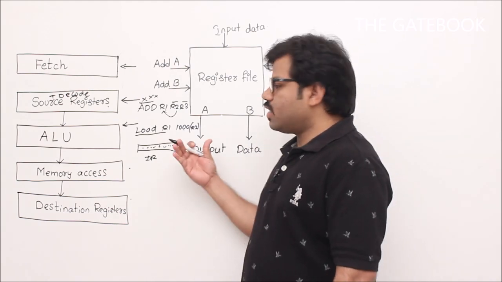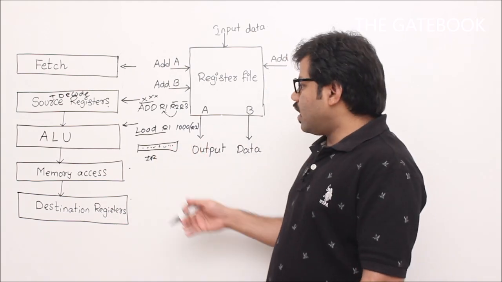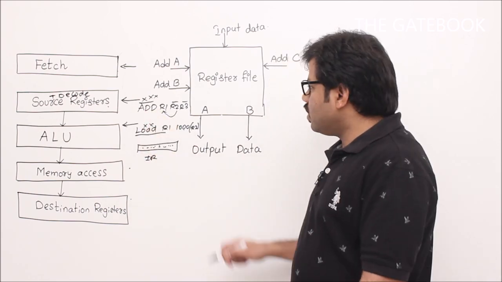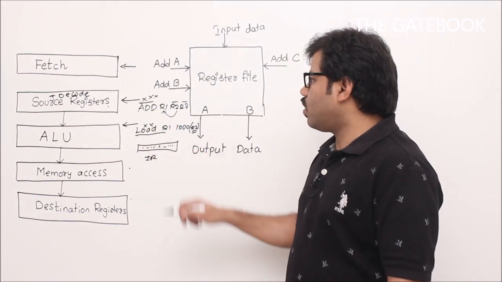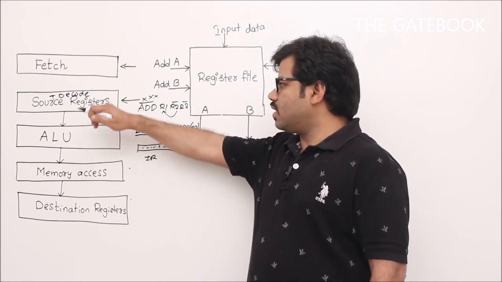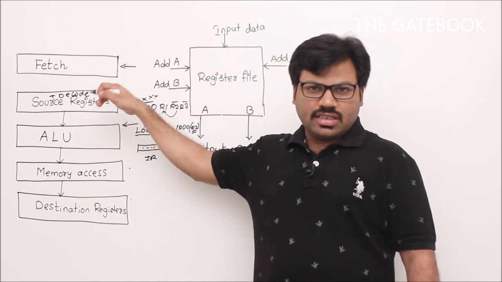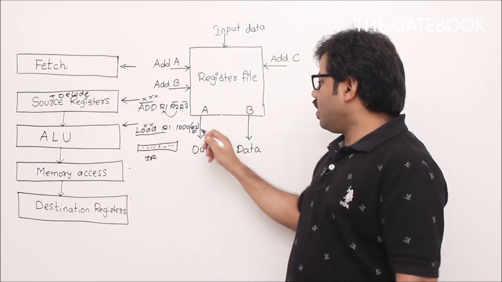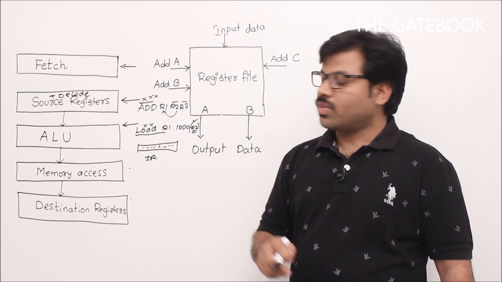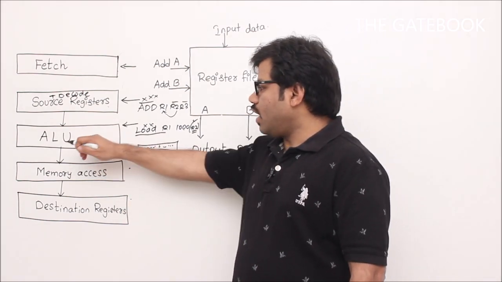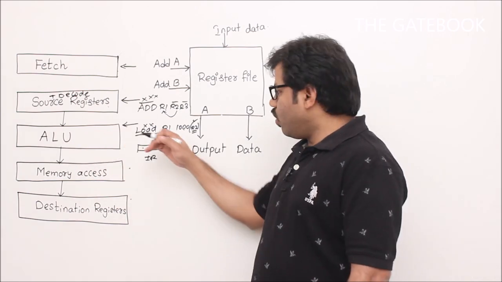Assume you have a decent decoder which understands that the current instruction is load. Then it will read register R2 into source registers. That means in the second stage we understand the instruction and we read the registers which are required, here especially R2. Now in the third stage, we will be doing arithmetic. Sir, why is arithmetic required for a load instruction?